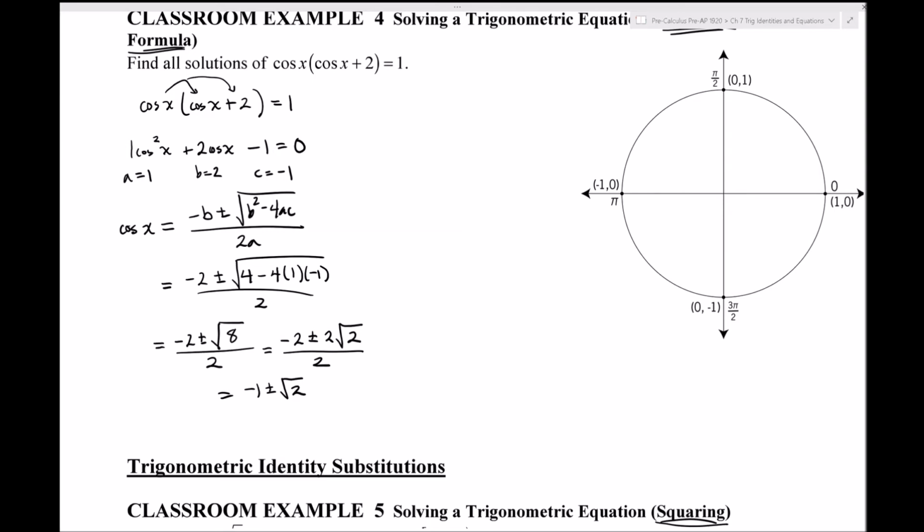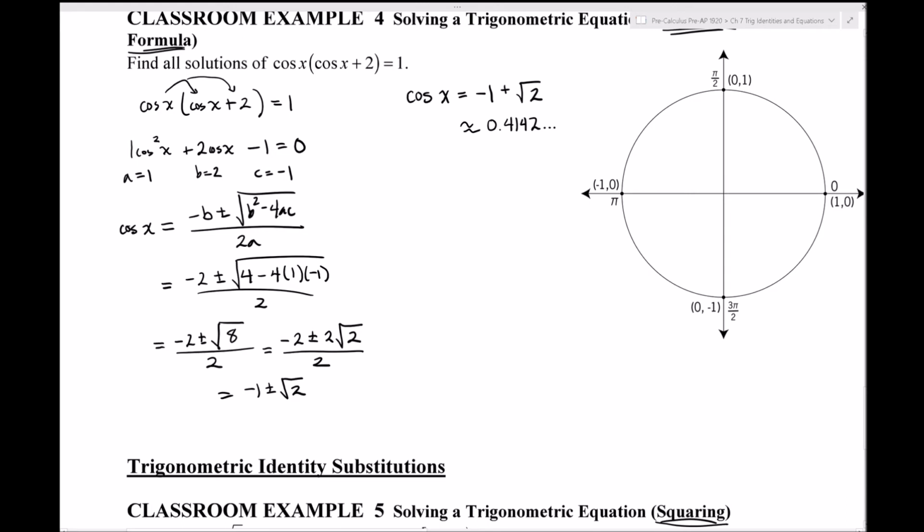So then we're solving cosine x equals -1 plus square root of 2. And that is approximately, let's see how much. I'm going to have to go to a calculator for that. -1 plus the square root of 2 is 0.4142, and it keeps on going.